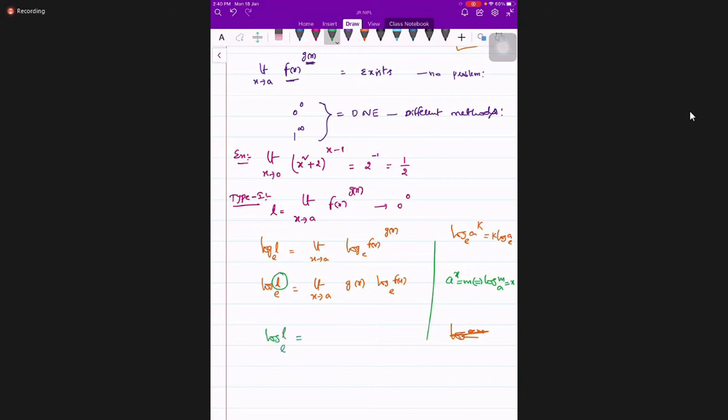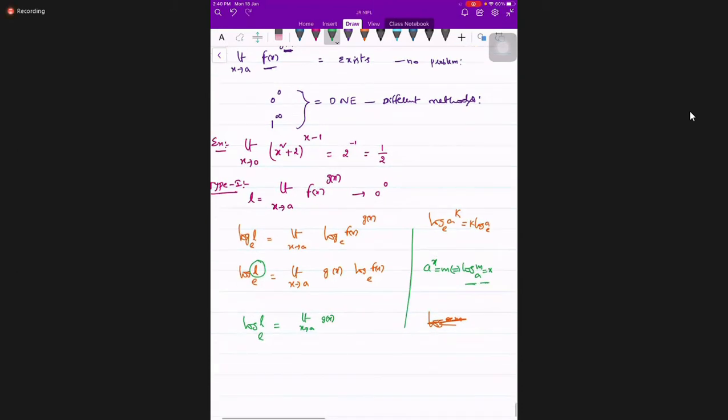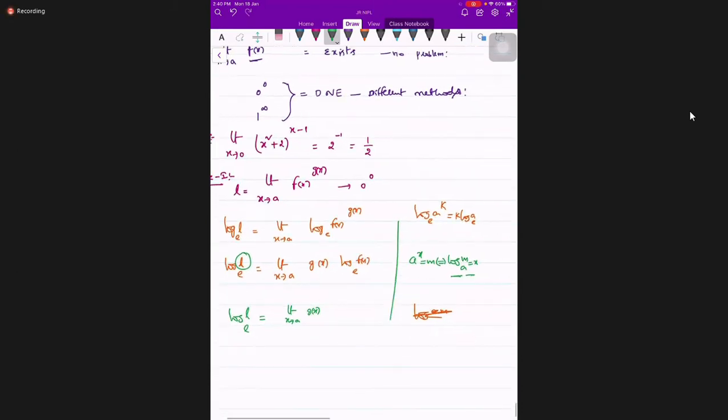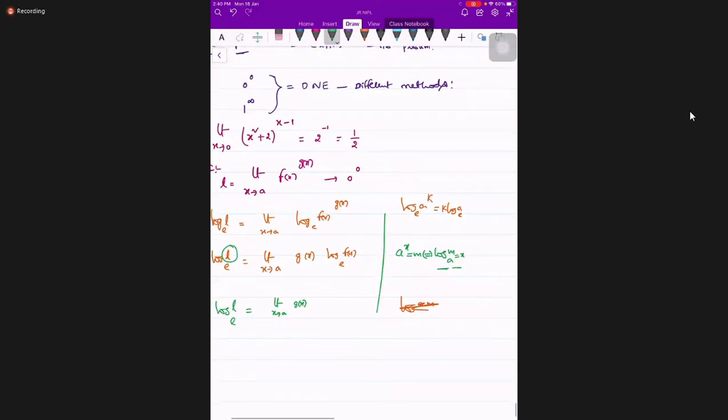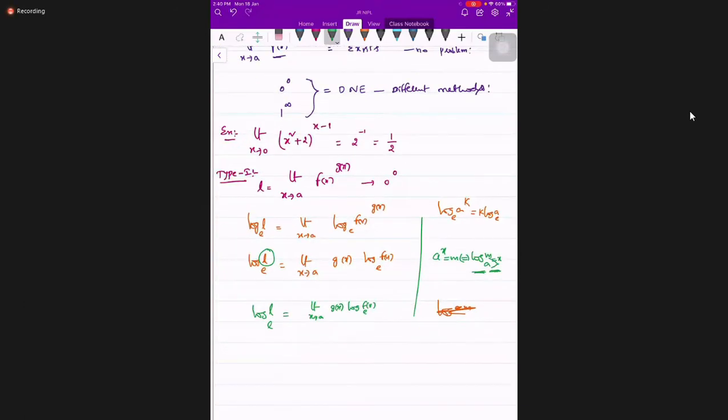So log L to the base e equals, this is all one function, like limit x tends to a g of x log of f of x. You can just assume this like this. Then you can revert it, no? See, a power x equals m only, right? Like see, 2 cube equals 8.